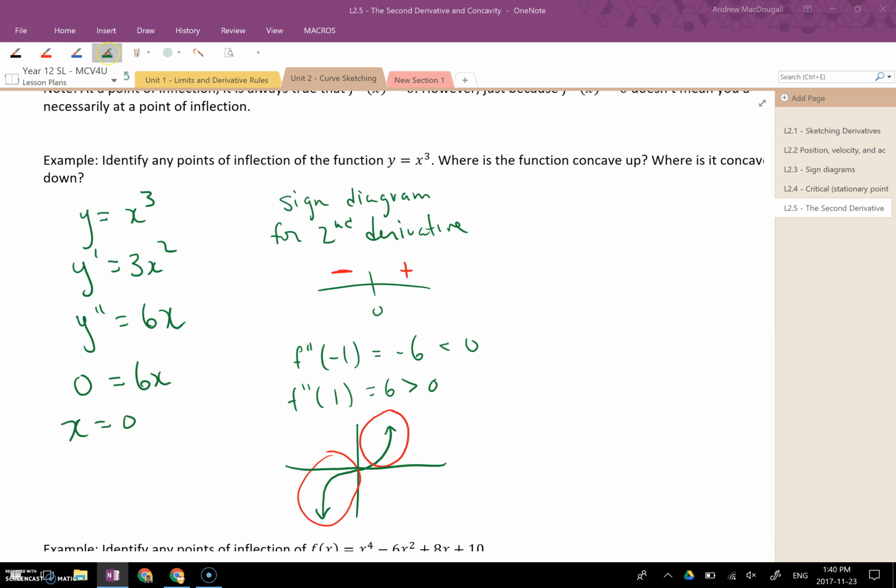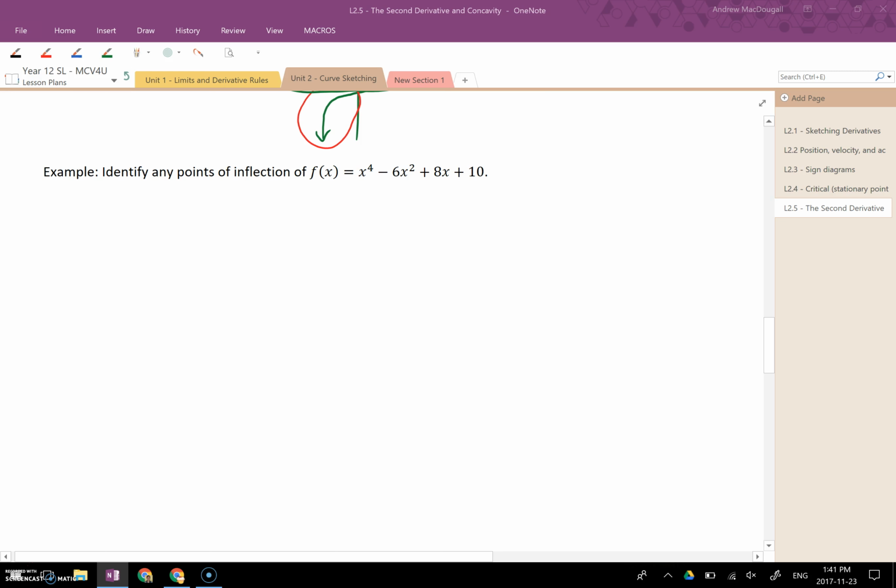So let's do another example here. Let's identify any points of inflection of f of x equals x to the 4 minus 6x squared plus 8x plus 10. Well, that would mean that f prime of x is 4x cubed minus 12x plus 8, and f double prime of x is 12x squared minus 12.